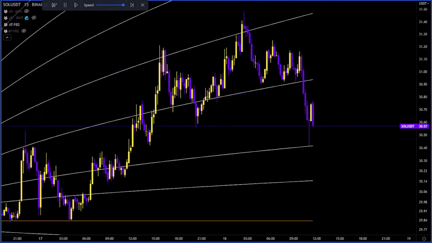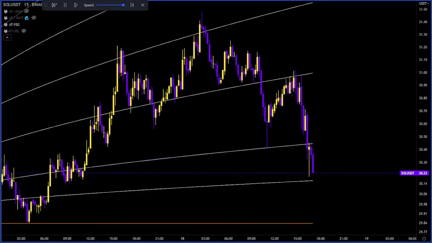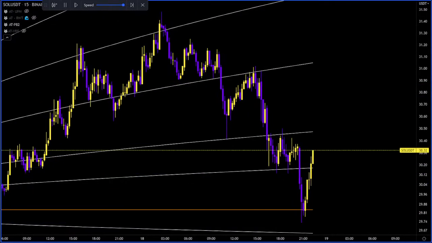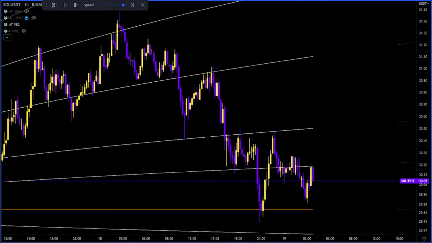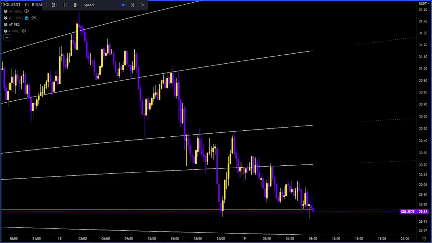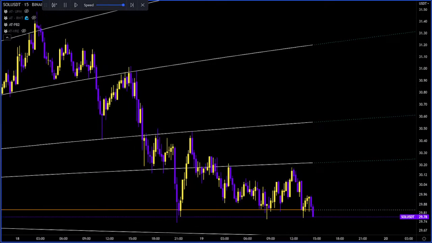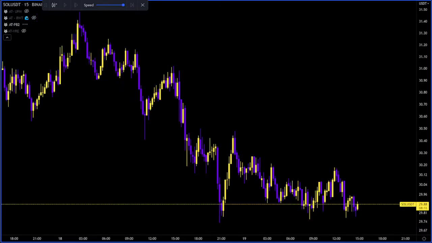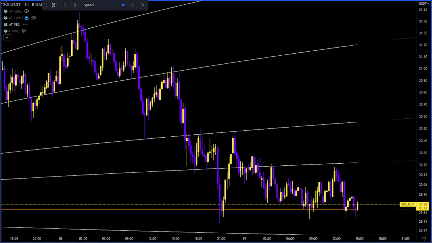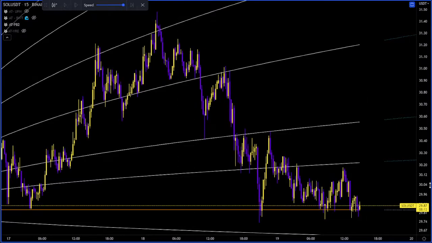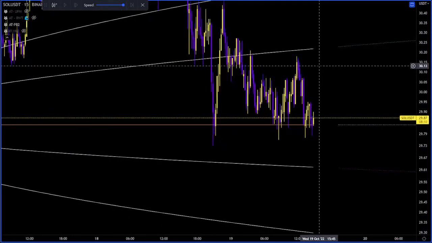As we go up, you'll fail certain levels, and the orange line is like the magnet. When you get below it, it does the same thing. So this is the $30 region. What's happened? We slip down, and we don't slip down. We are currently on the 15-minute Laplace distribution mean.